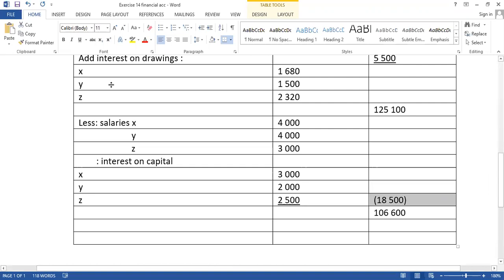So now we can take into account our bonus.